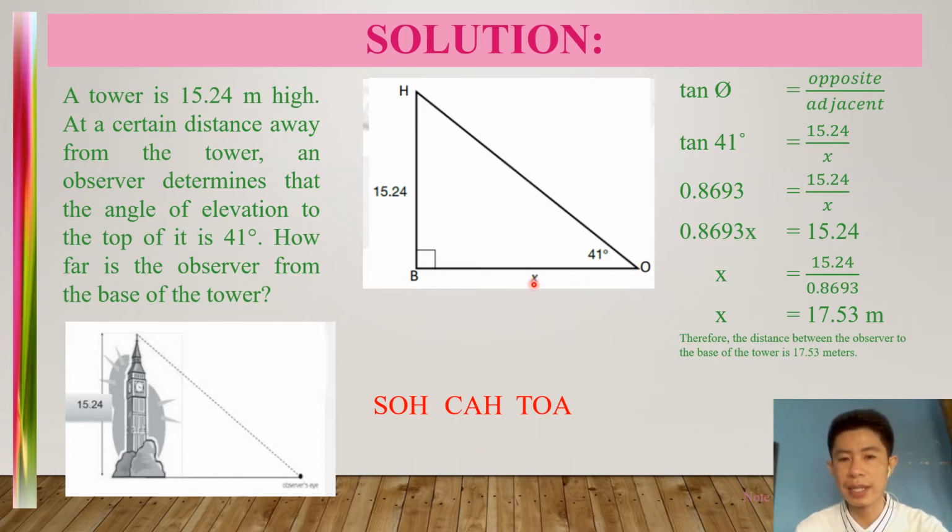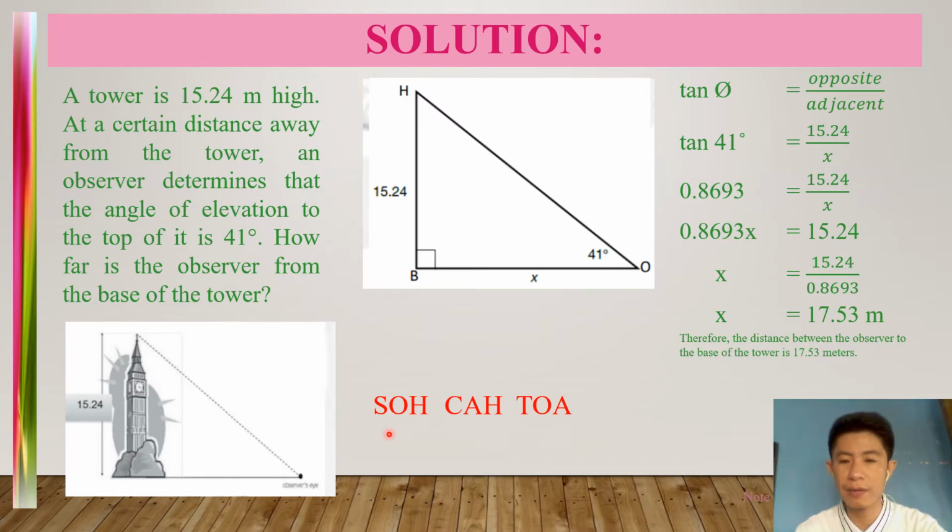So we represent that as x. Since we have now the right triangle, we will go back to the basic functions or ratios that we might use in solving this problem.